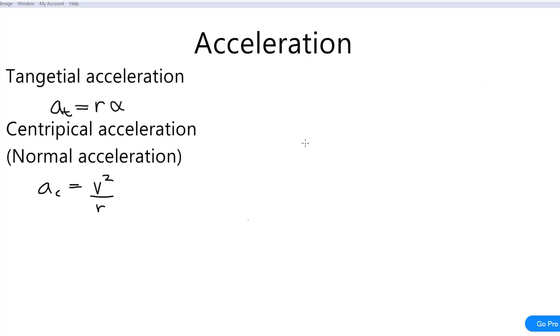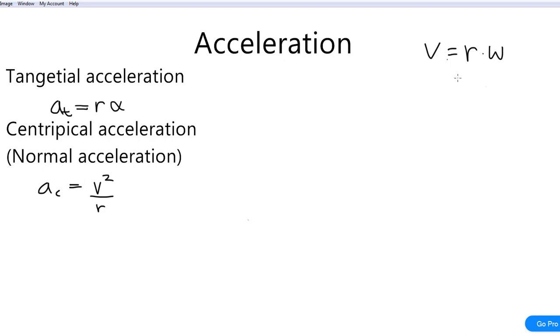Okay, now that I have everything erased, basically we're going to talk about centripetal acceleration. Let me first write down that we said velocity is equal to radius times omega. Velocity is basically the vector form of speed.